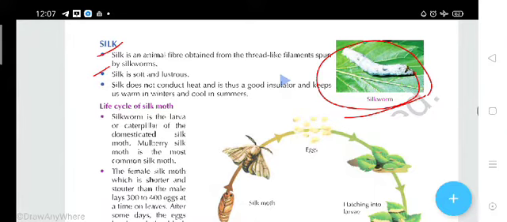Lustrous means it will shine. And third point is what? Silk does not conduct heat, and it is thus a good insulator and keeps us warm in winter and cool in summer. It means students, whenever you wear such clothes, you will feel comfortable in any kind of weather.